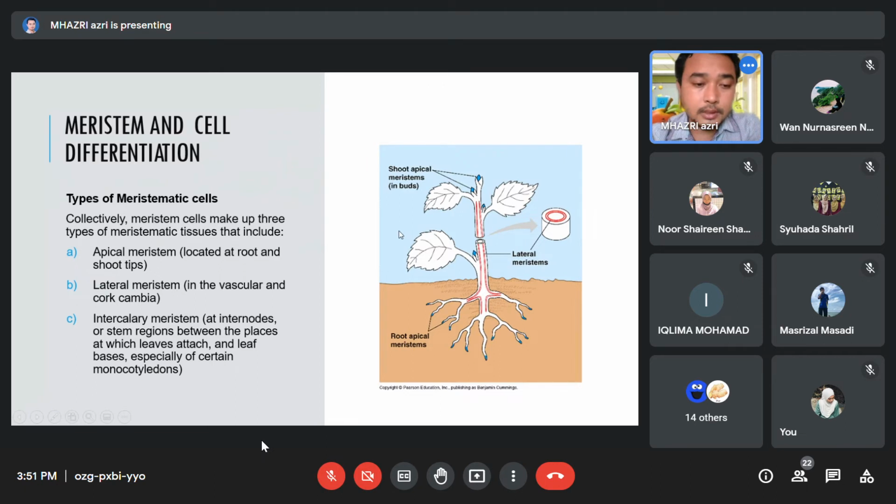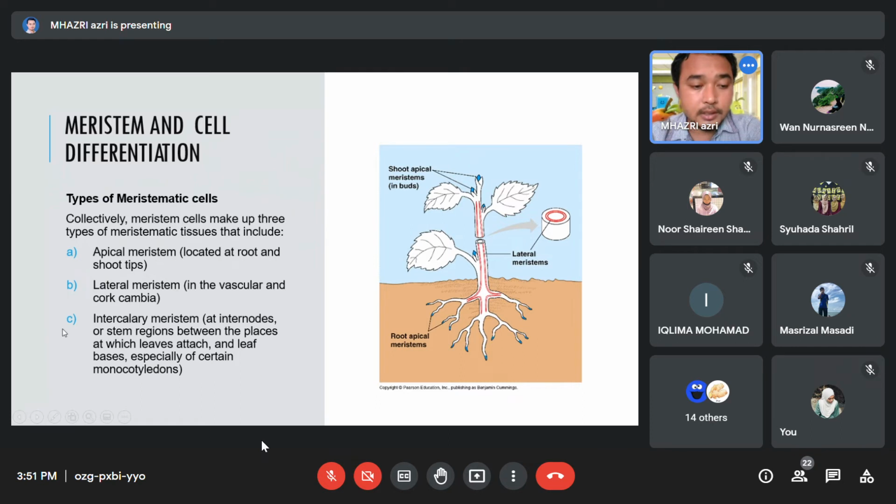Apart from that, plants also contain lateral meristems. These are the meristematic tissues located in the vascular and cork cambia. So that's why plants can grow axially and also radially.